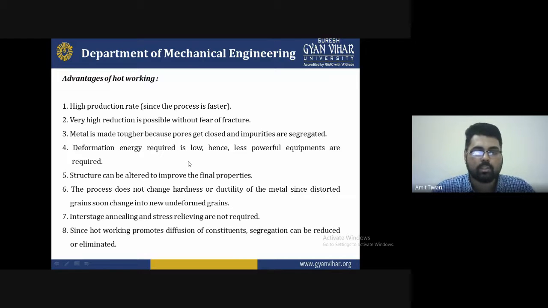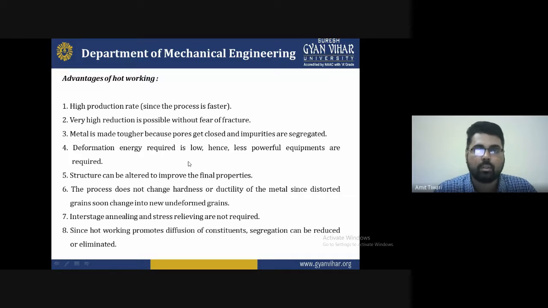Sixth, the process does not change the hardness or ductility of the metal, since the distorted grains are replaced by new, undeformed grains. So they do not change the hardness or ductility. This is the main advantage during the metal forming process that we are doing with hot working. There is no change in the properties.